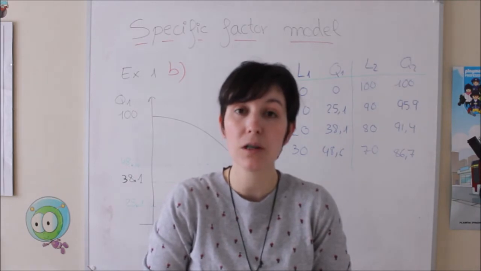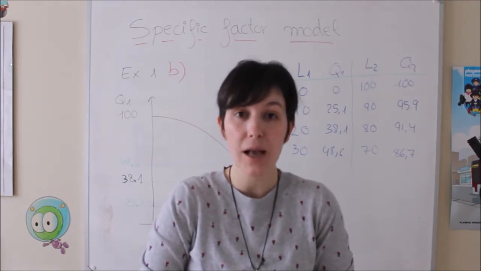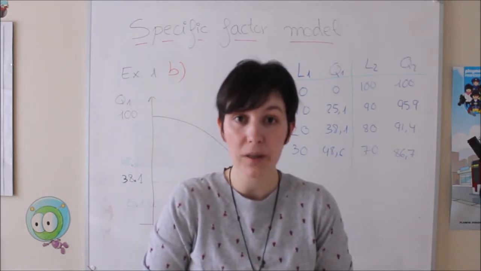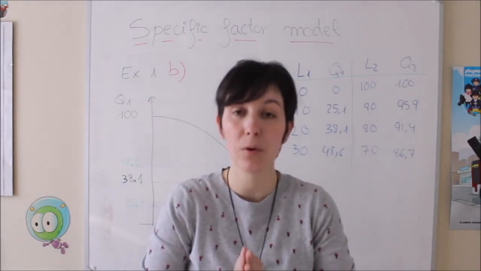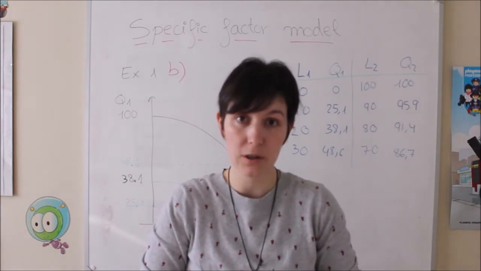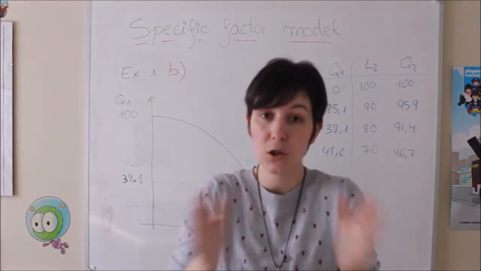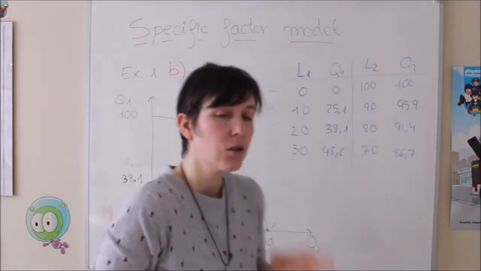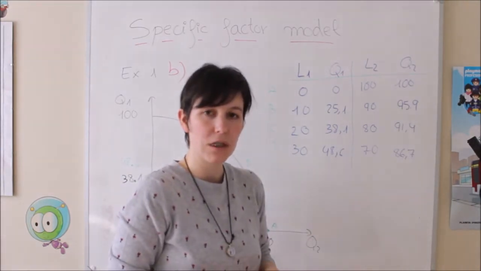Here, that amount is 100. So the combination of output comes from using all your workers, which in total are 100. That's why I changed the order of the table.